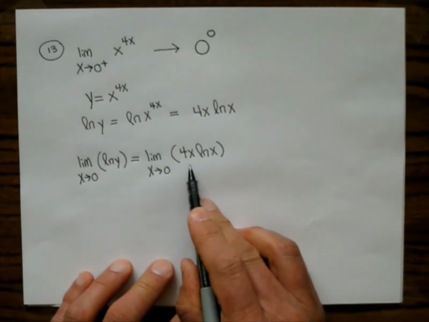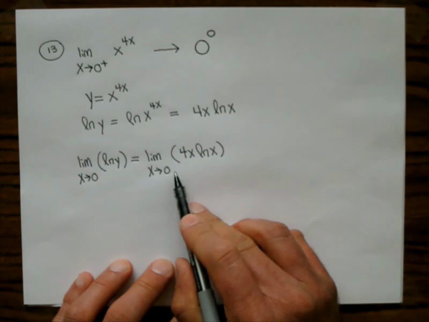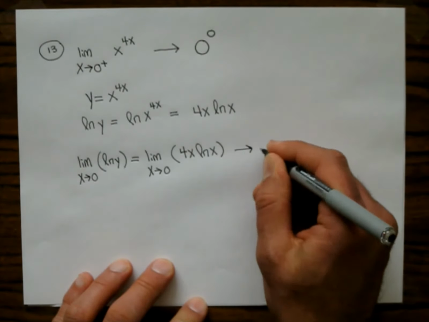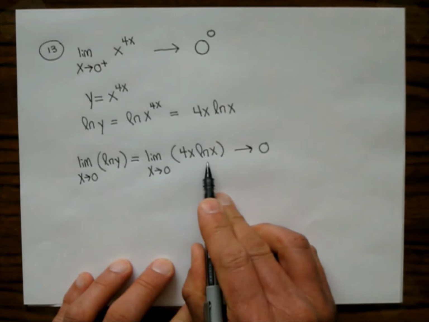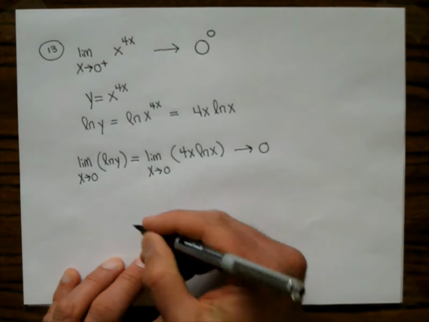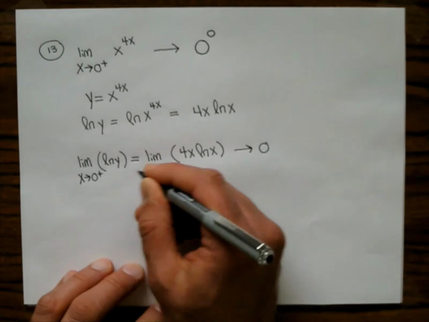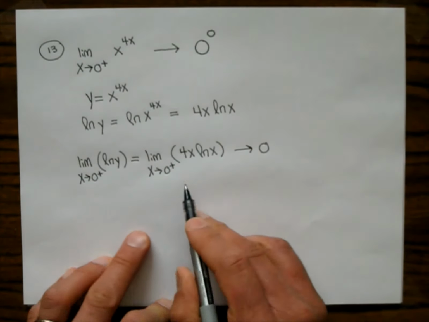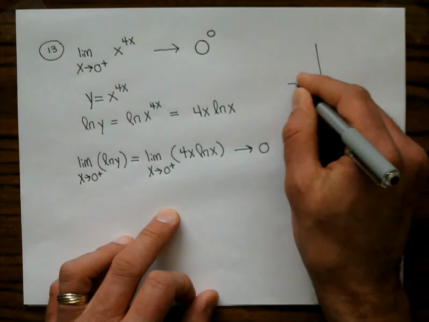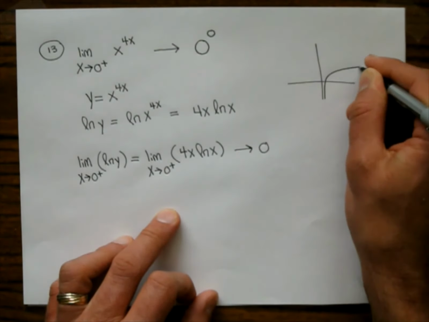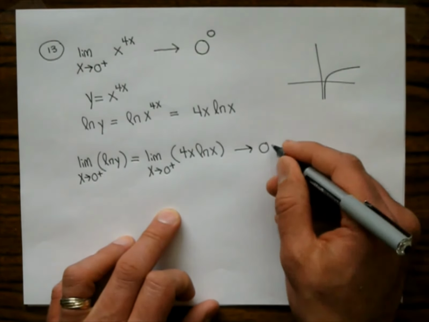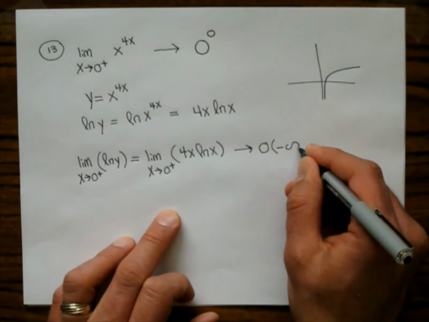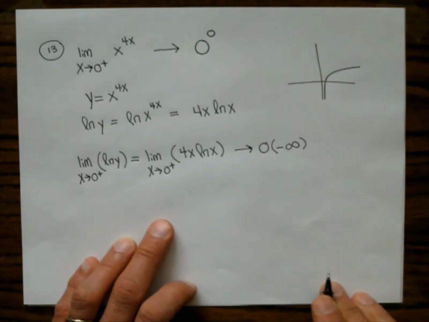Now, when I put 0 in, I end up getting 0 times ln of 0, and I'm actually coming from the right, so good thing they wrote the problem this way. Remember, the ln graph looks like this, so as I'm approaching 0 from the right, this is going to negative infinity. So this is kind of weird.